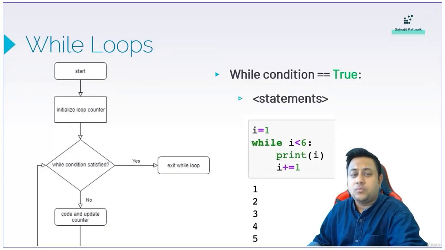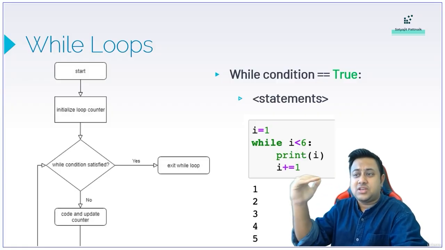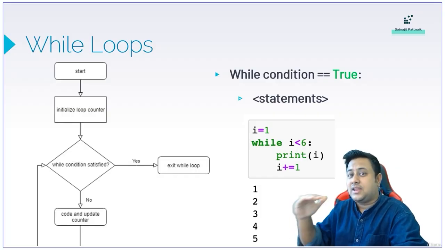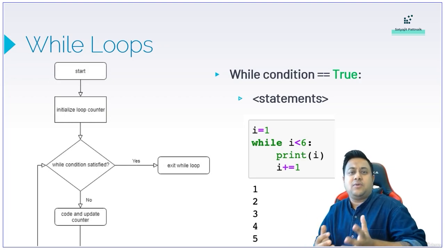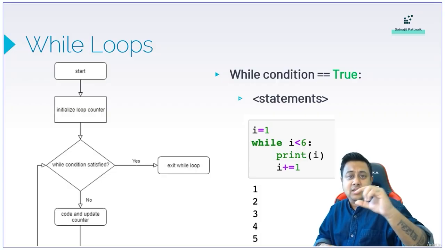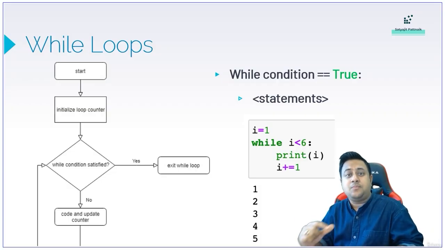And a while loop works like this. You have start, then you initialize your loop counter, then check whether the while condition is satisfied. If no, then exit from the loop; if yes, run the code and update the counter. So normally in Java, when you are defining your for loop, you say for i in range of this, do this, and then we do i plus plus.